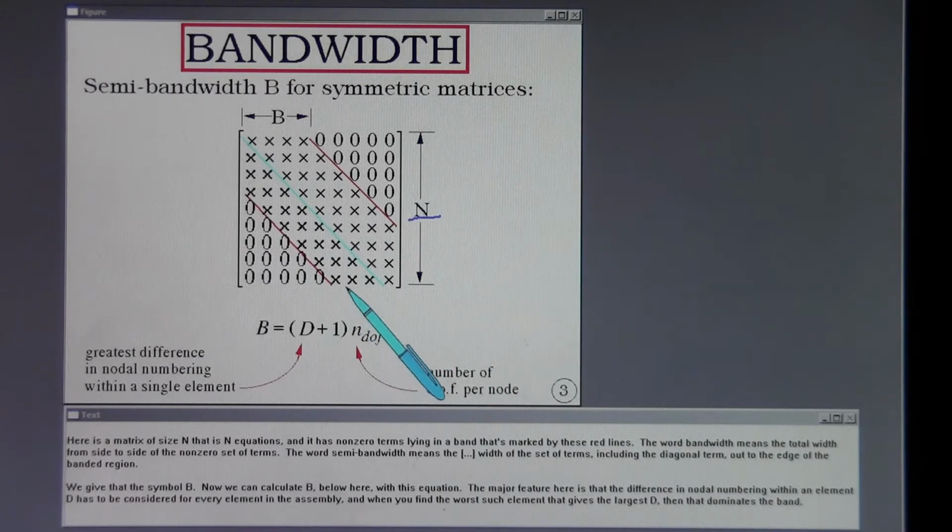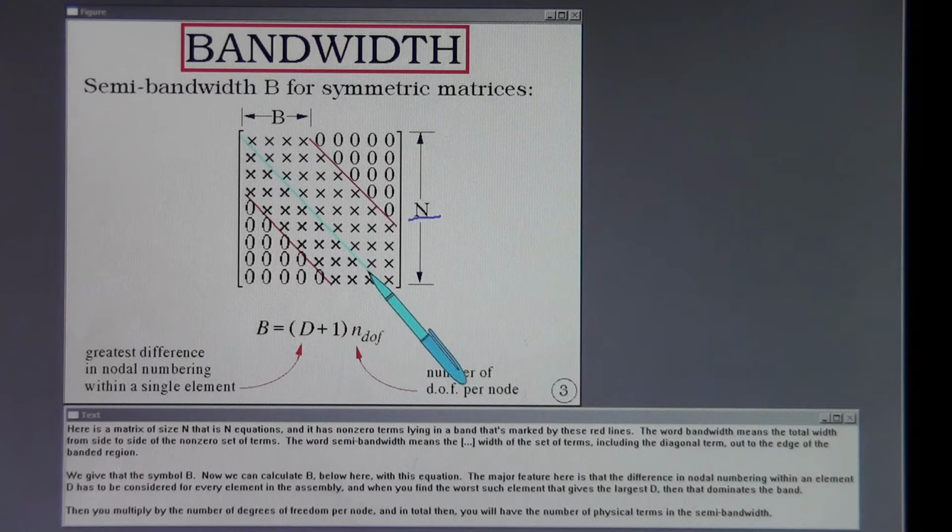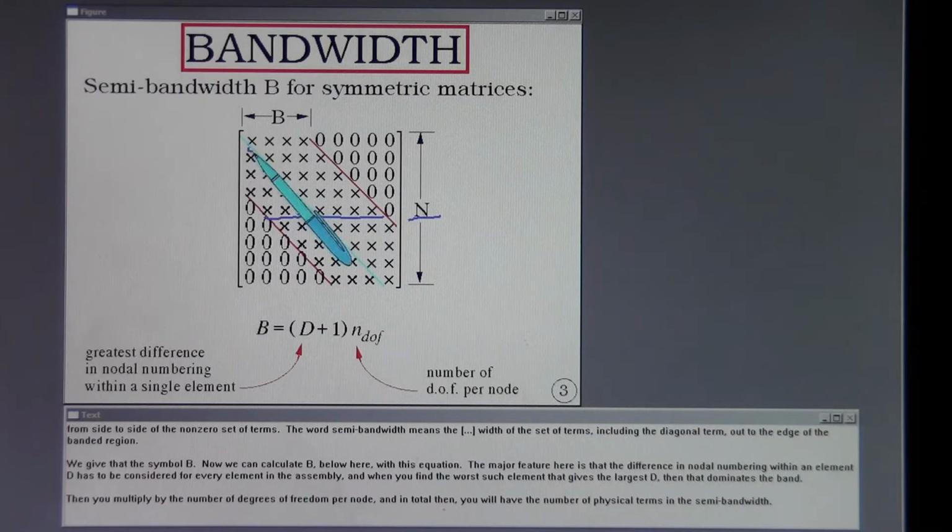The word bandwidth means the total width from side to side of the non-zero set of terms. The word semi-bandwidth means the width of the set of terms, including the diagonal term out to the edge of the banded region.